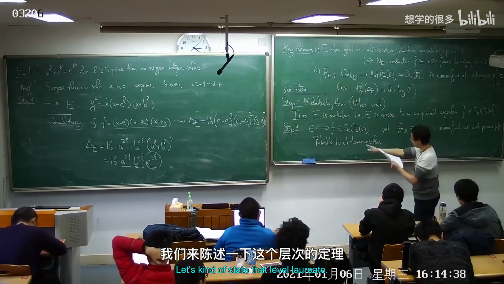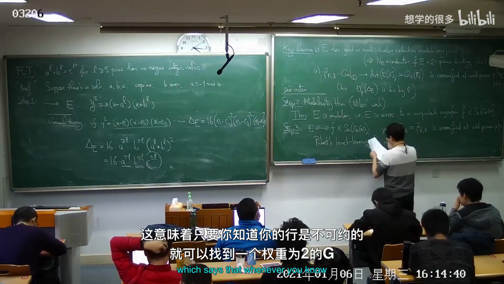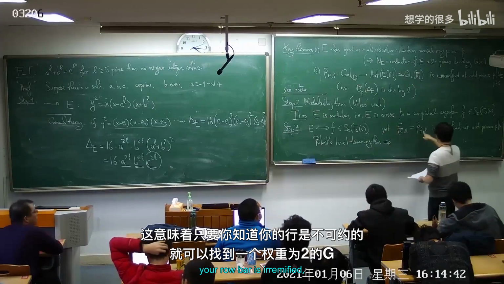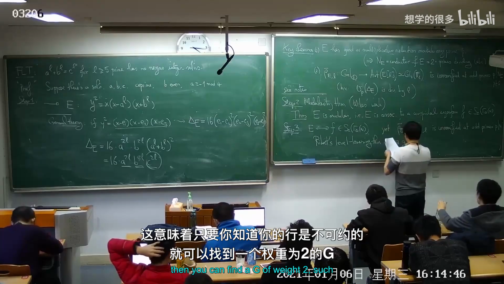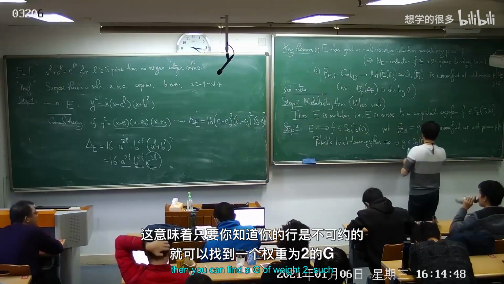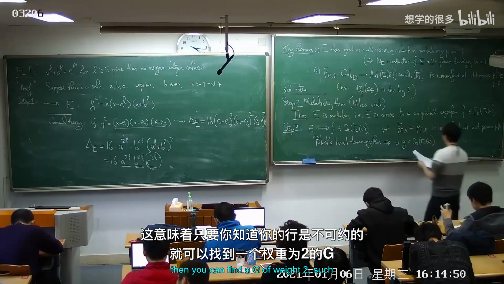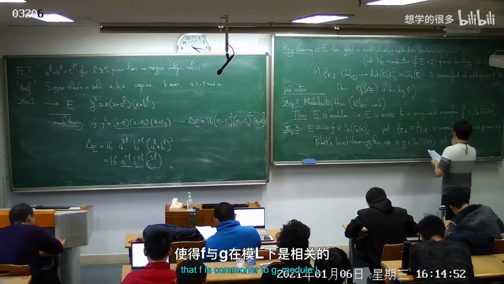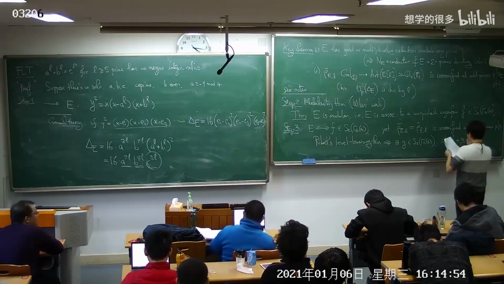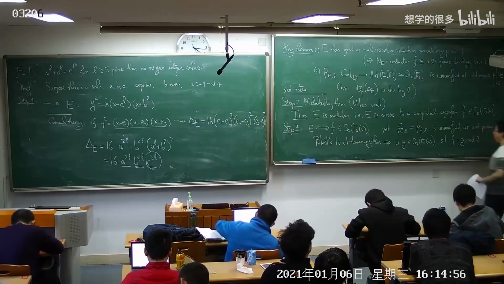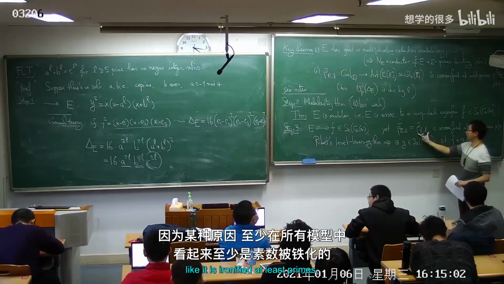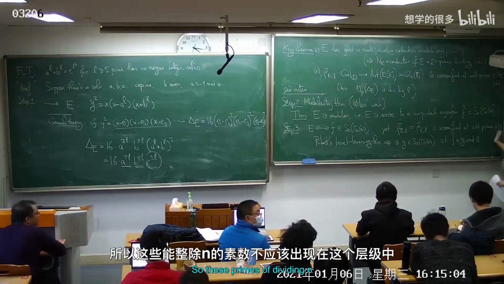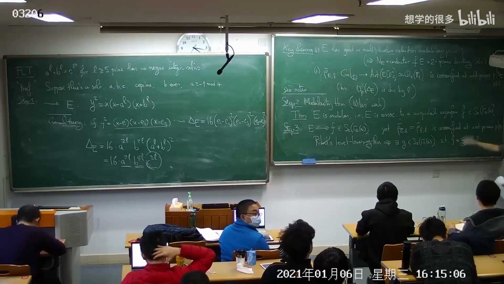Let me state the level lowering theorem, which says that whenever your rho bar is unramified, then you can find a G of weight 2 such that F is congruent to G modulo L. Because at least modulo L, it looks unramified at these primes, so these primes dividing N shouldn't appear in the level.